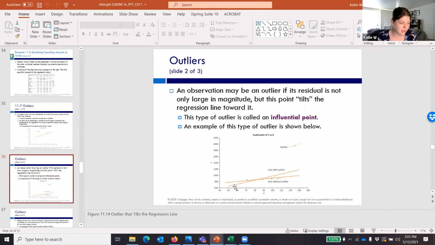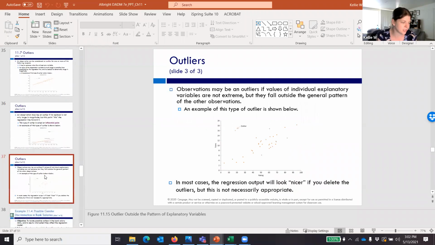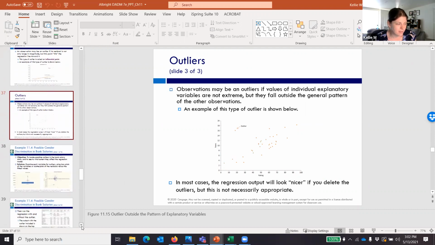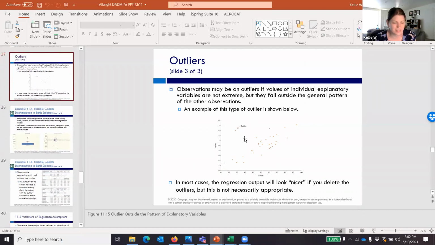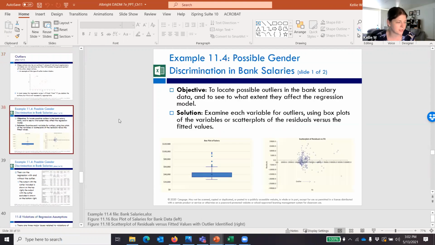If we took that point out, we'd have the line without this outlier and the line with the outlier. If removing just one point changes things that much, there's a good chance you have a true outlier. Sometimes it just doesn't fall within the general pattern. It might make you feel good to remove the outlier you perceive because it doesn't look good, but it may not be appropriate to do so.